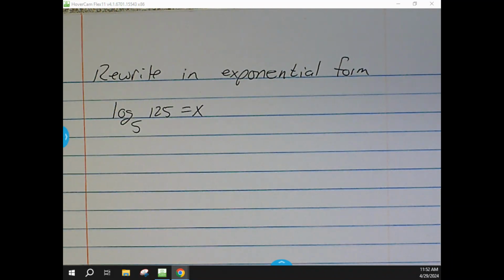Or again, some people say it's log base 5 of 125 equals x. Again, it doesn't matter to me which way you say it.